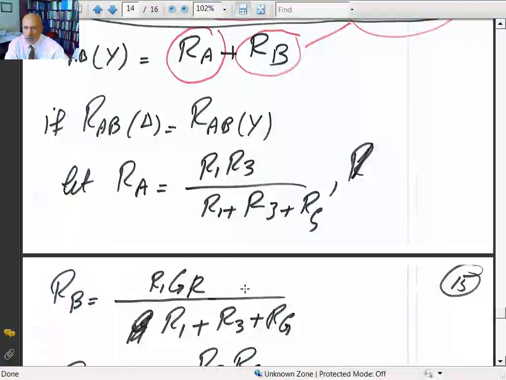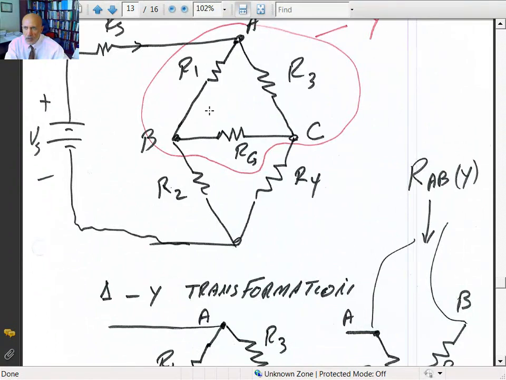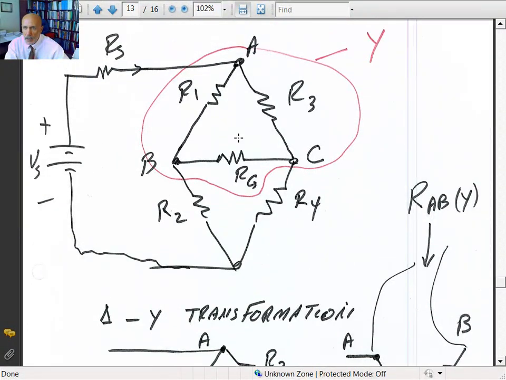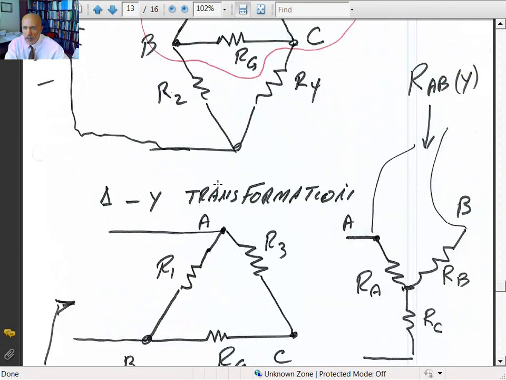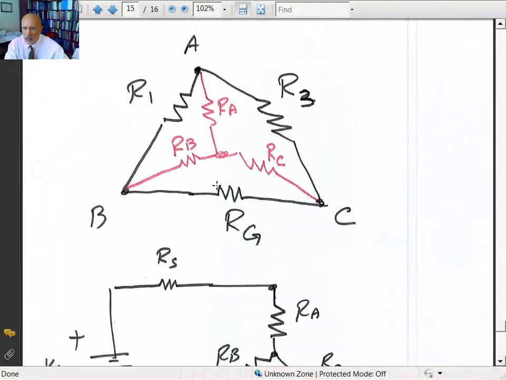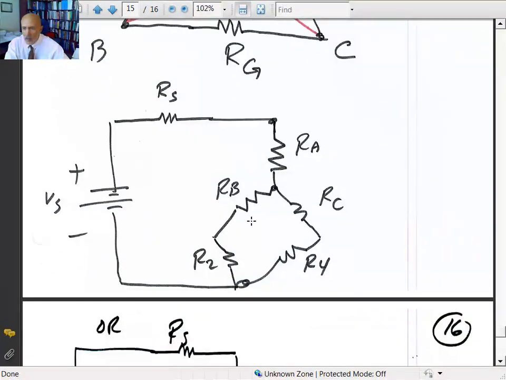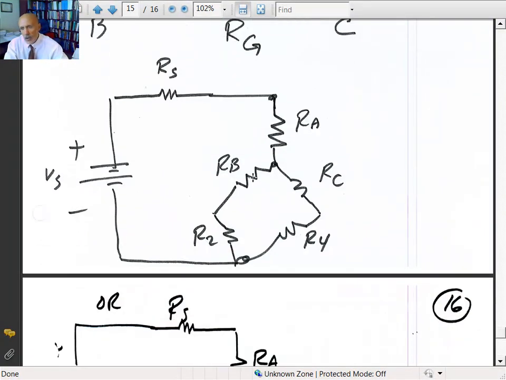Now that you did a delta to Y conversion, you can completely replace this part of the circuit, the delta part, between points A, B, and C with the Y connection. That is going to look like this. So R of S, that's point A, this is your delta, now converted to Y. Now if you notice, R sub B and R2 are connected in series, R sub C and R4 are connected in series.